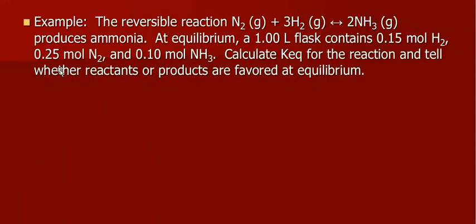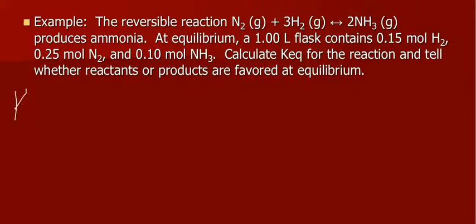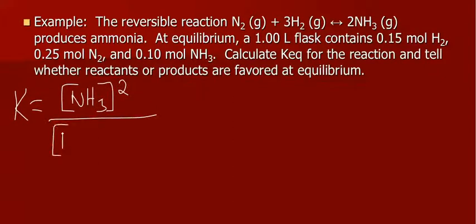Let's look at another example. This reversible equation, we're given the equilibrium concentrations of all reactants and products. Calculate KEQ. So K is equal to products, NH3. It's going to be squared because of the coefficient of 2, divided by reactants, which are N2 times H2, and H2 would be cubed.